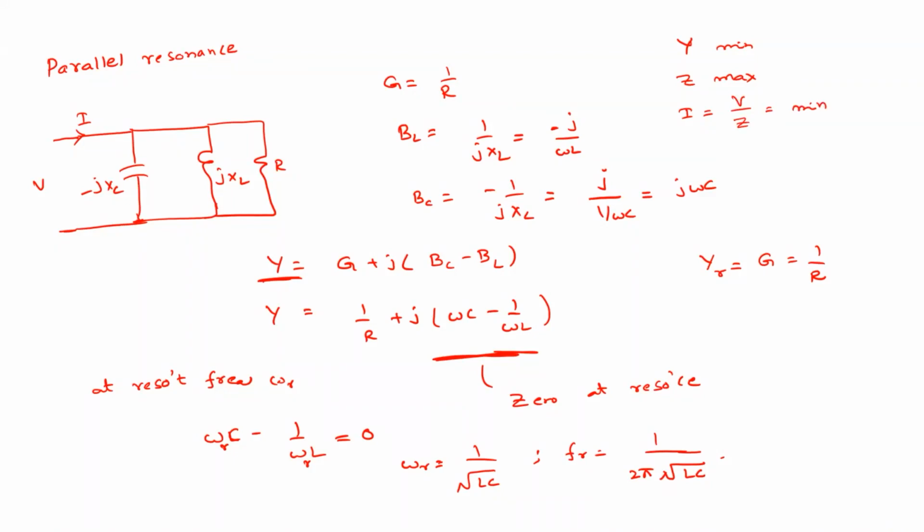In case of series resonance, Z will be minimum and I will be maximum. But in case of parallel resonance, Z is maximum and I is minimum. Another thing is that in series resonance, the voltage across the capacitor or the inductor is multiplied by how many times?